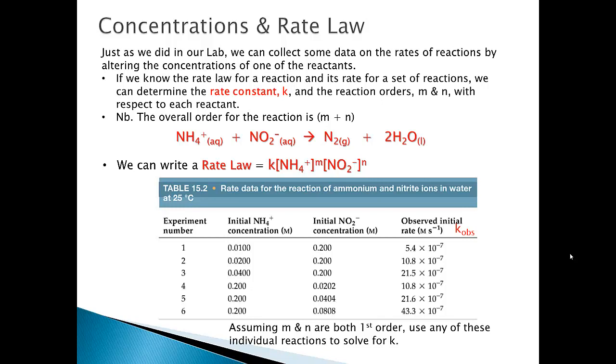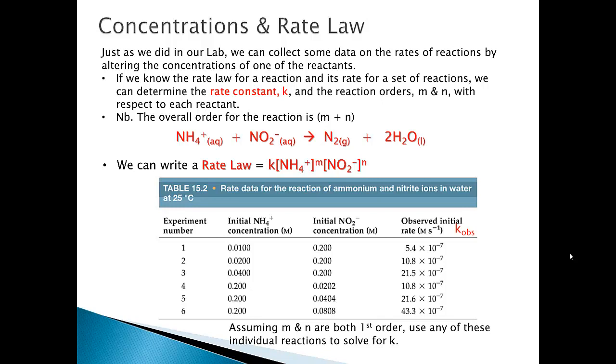Every time we double our ammonium ion concentration, we're actually doubling the rate. So 5.4 becomes 10.8, for example. This is the initial rate that's been measured. Similarly, when we hold the NH4+ concentration steady at 0.2 and we change the NO2- concentration, again, as we double the concentration, we're doubling the rate.